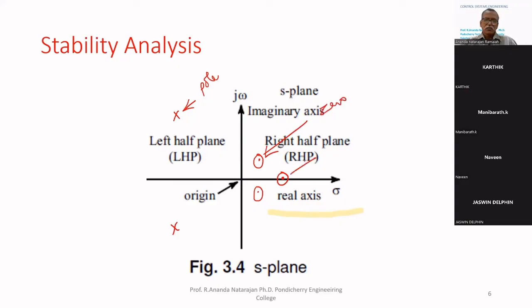This is another zero. Zeros are represented by a circle, and poles are represented by X. So if the poles are on the left-hand side, then the system is said to be stable.